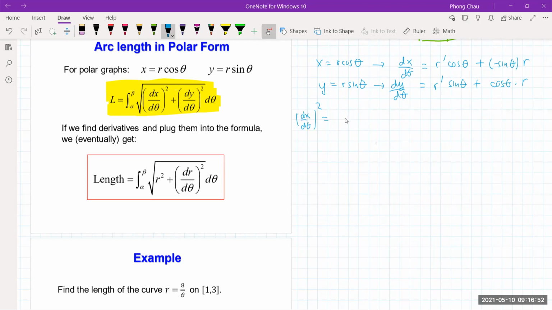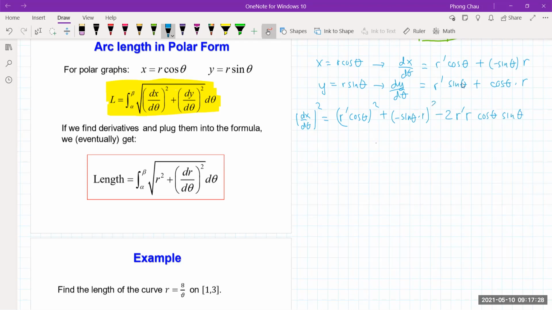When you FOIL, you actually have r prime cosine of theta, that squared, plus 2 times this. Let's square the second part first. You square negative sine theta times r, and then plus 2 times this quantity times that quantity, which is negative 2 times r prime times r times cosine theta times sine theta.